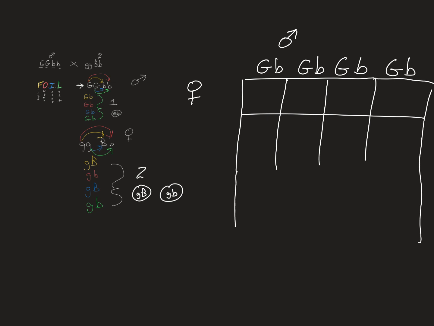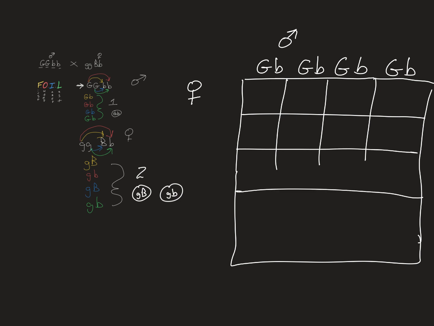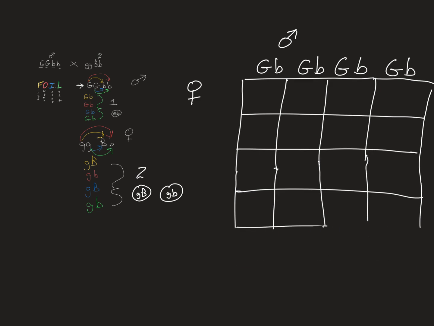What's 4 by 4? 16 is correct. So it's a 4 by 4 square, or 16 possible different outcomes.